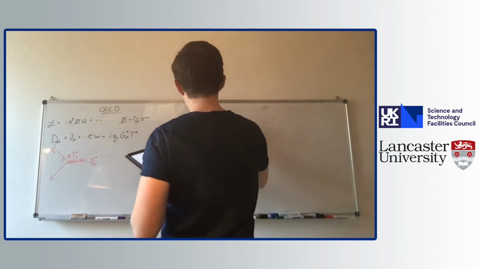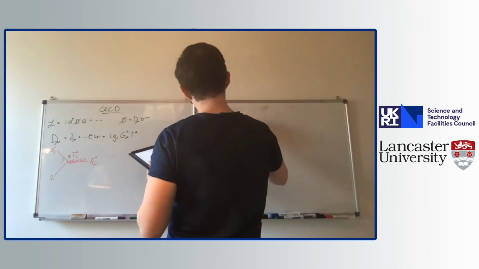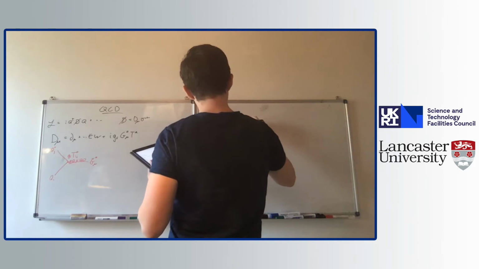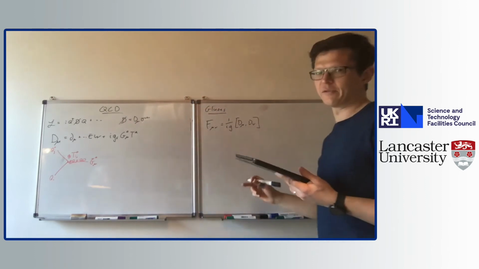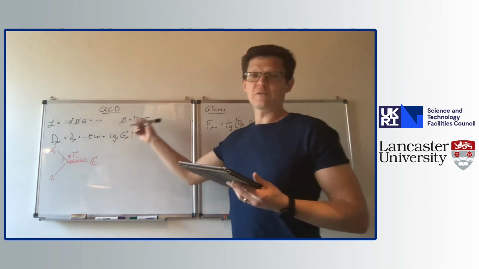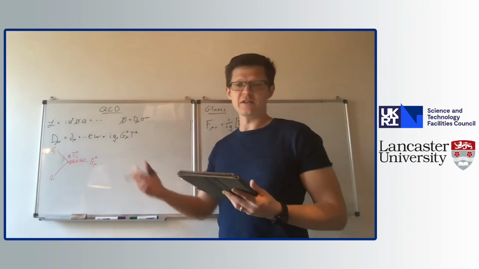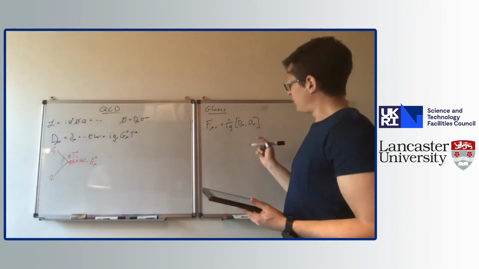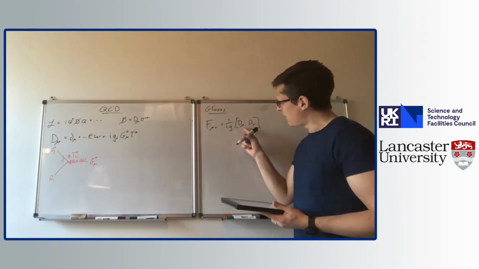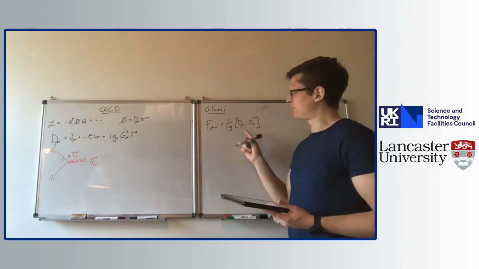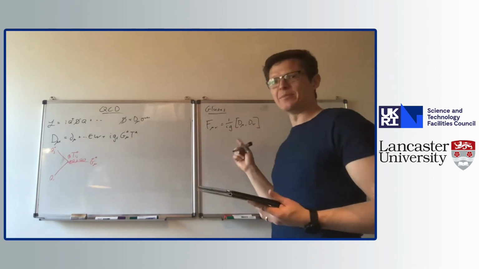So we can write that F mu nu is 1 over i g times the commutator of D mu and D nu, just using the covariant derivatives as they act, for instance, on a fundamental representation like these fermions here. And you can see already, if this were electromagnetism, for instance, then this would give us exactly what we wanted, because we would get d mu A nu minus d nu A mu.